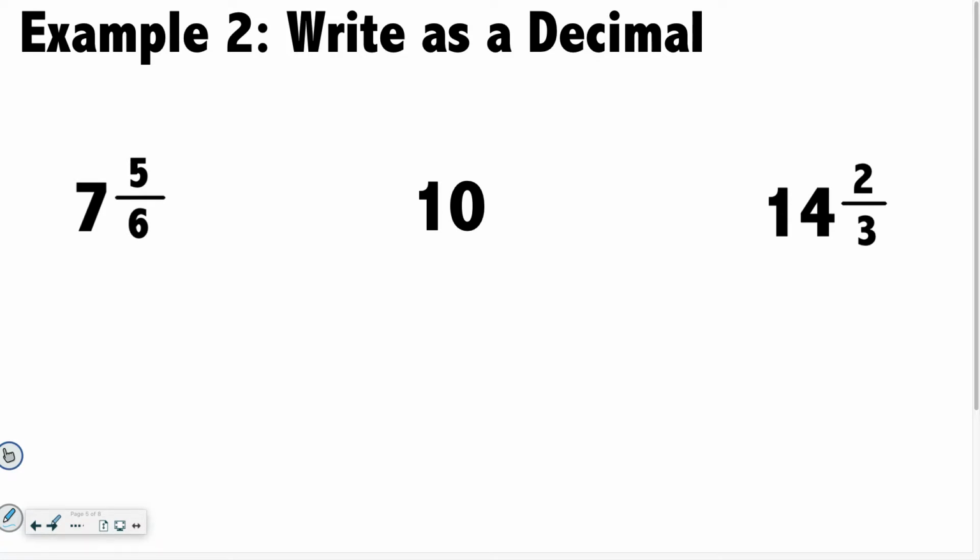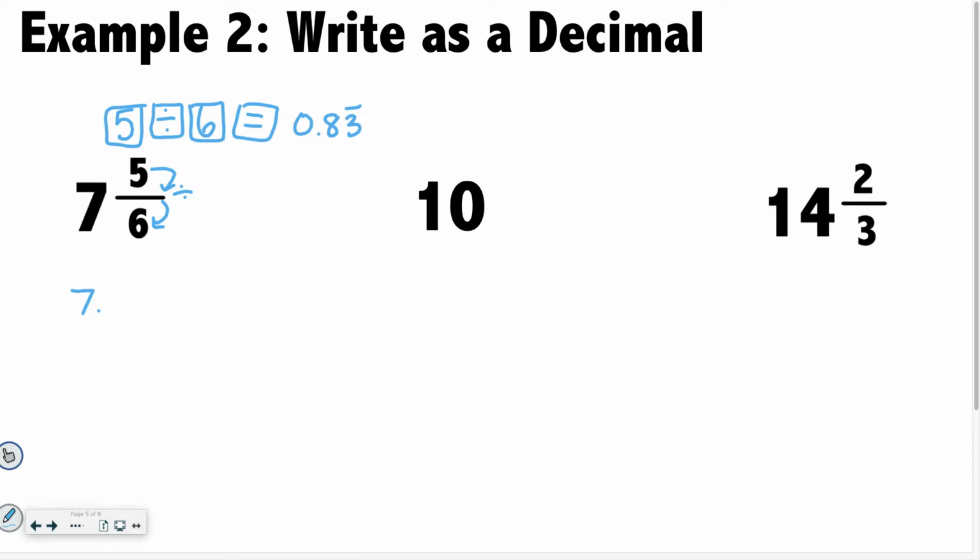Now example 2, we're going to practice converting from fractions or whole numbers to decimals. So remember, if I want to write this as a decimal, I have a whole number, right? So I'm going to write 7 point, and then this is saying 5 divided by 6. So if I type in 5 divided by 6 on my calculator, I should get 0.833333.